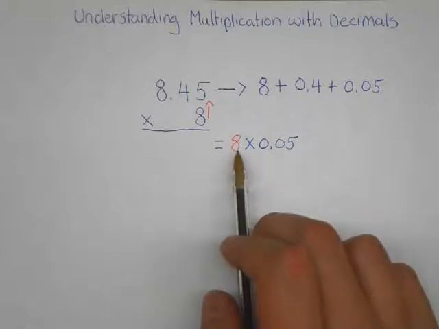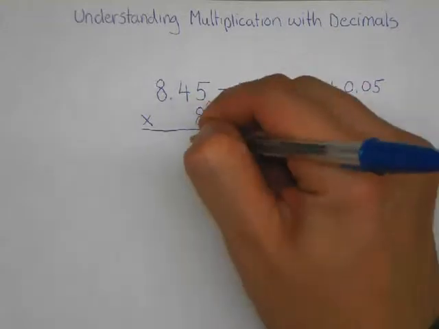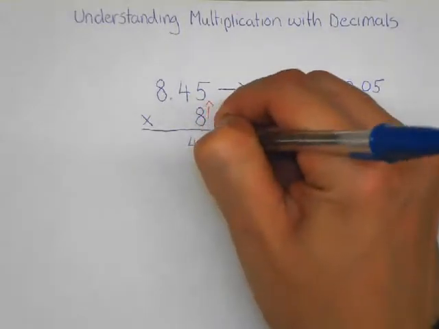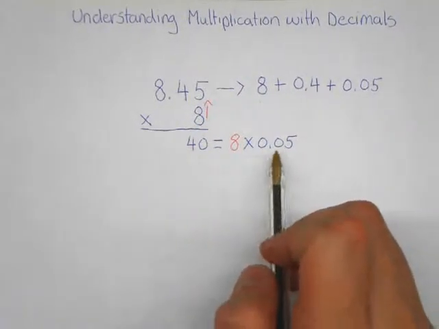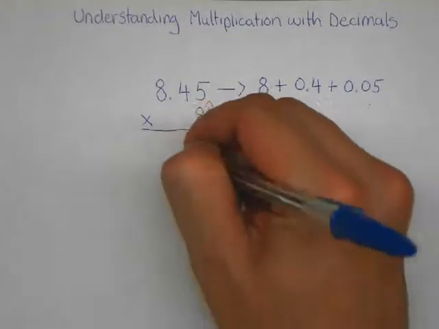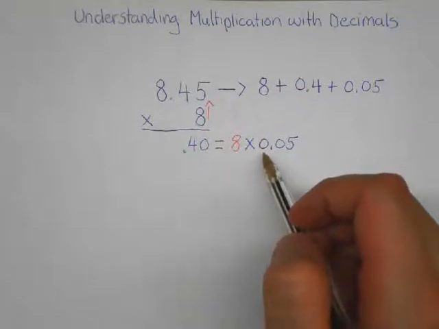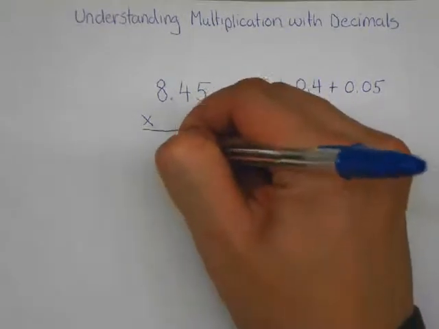So we have 8 times 5, which is going to be 40. However, we have 2 decimals that we need to do. So we're going to have to move this decimal twice over because we need to multiply the 8 by the 0 and the 8 by the second 0. So we actually have 0.40.